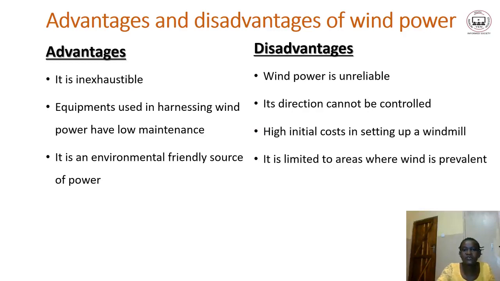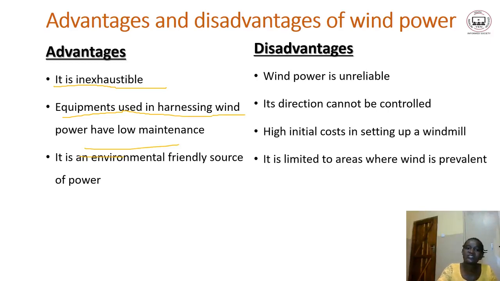And in terms of advantages of wind power, it is inexhaustible. It is very, very easy. Once the energy is exerted from wind, it will be very, very easy to use in different farm operations. And also, equipment used in harnessing wind has low maintenance, making it to be somehow not that costly.